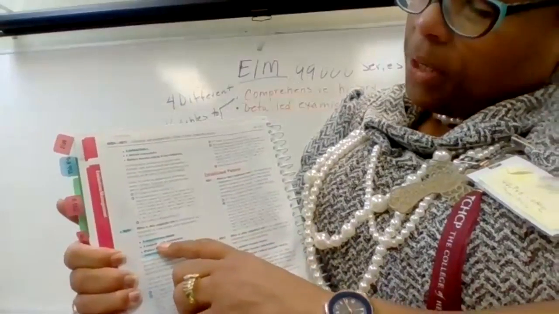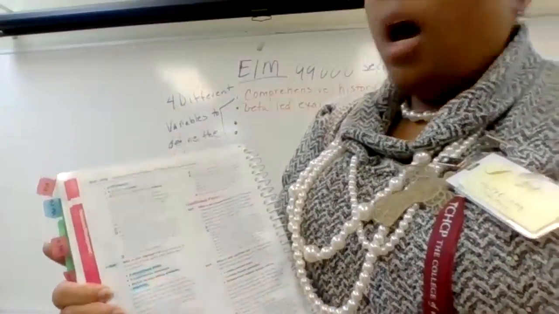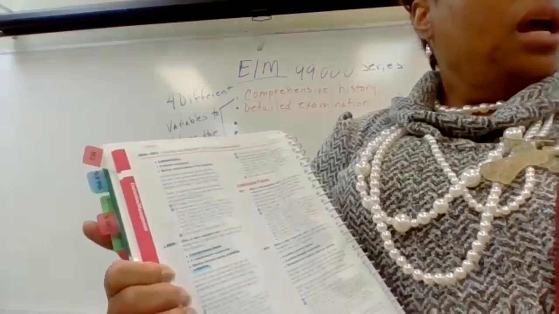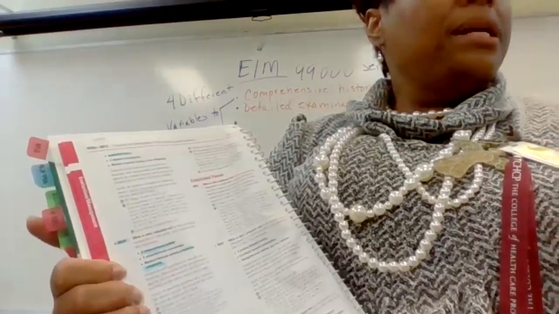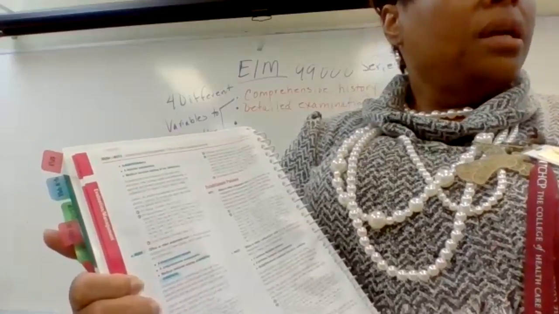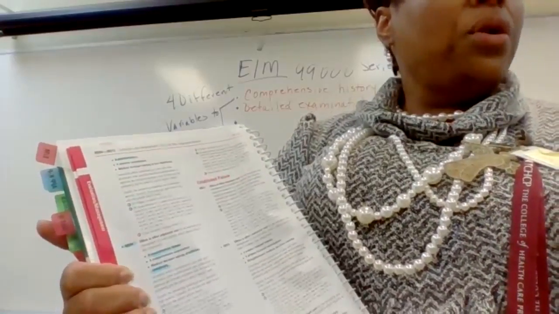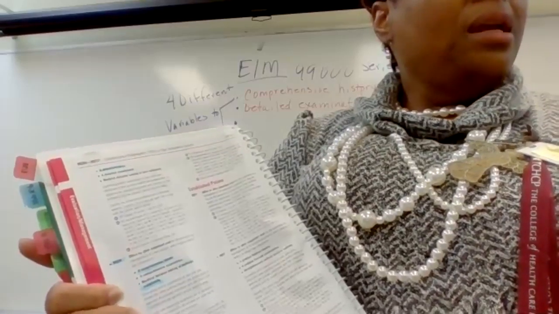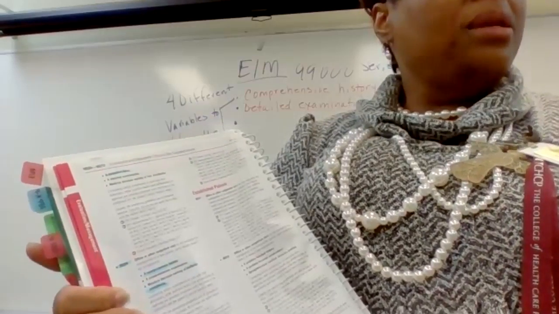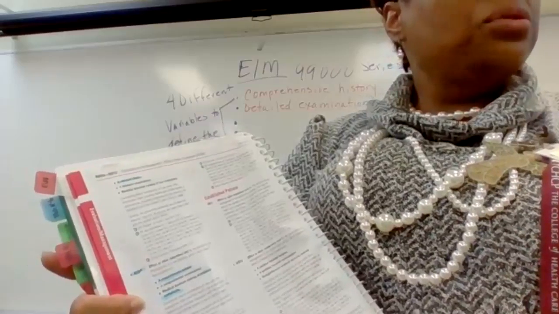It says comprehensive history. On that page, look on your sheet. On that scenario, Diana. Does it have comprehensive history? Did he do a comprehensive history on her? Yeah, go back to that scenario. Go all the way up. Yeah. 16-year-old patient.